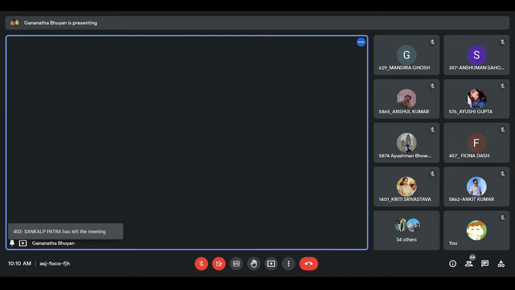Initially i = 1, one time hello will be printed, then i will be 1 into 3, that is 3. Another time this line will be executed, then i = 3 into 3, 9, then i = 9 into 3, that is 27. So how many times? 4 times.